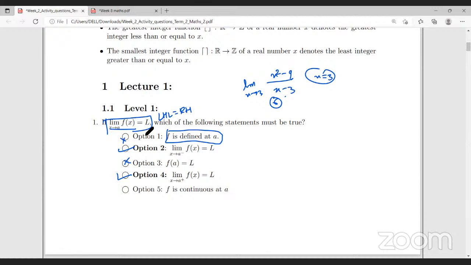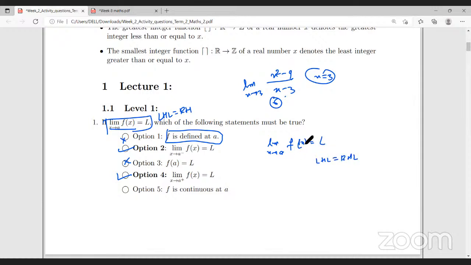Sir, I think the third option is correct, f of a is equal to L, because the limit as x tends to a of f of x is equal to L. No, we have given only this, right? Limit x tends to a, f of x equals L. That's it. We have not been given that f of x is continuous or anything. From this, I can say that my left hand limit should be equal to right hand limit.